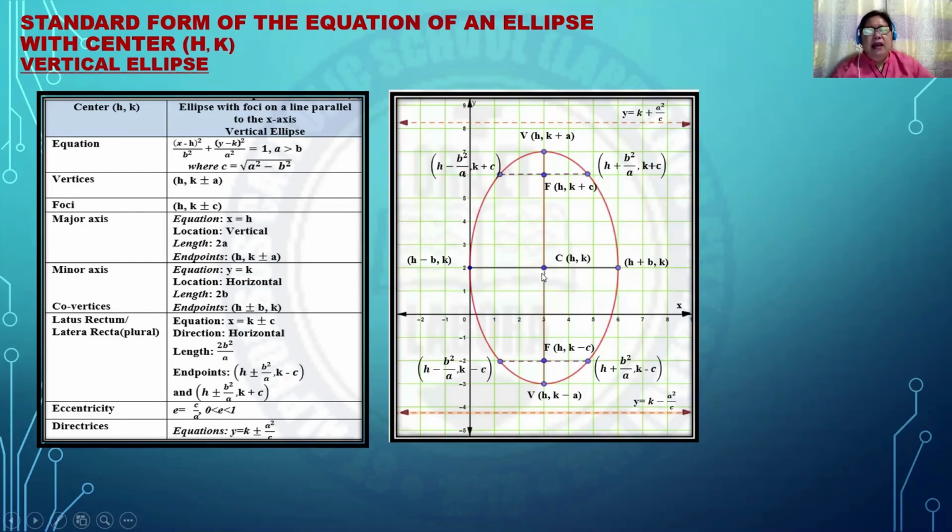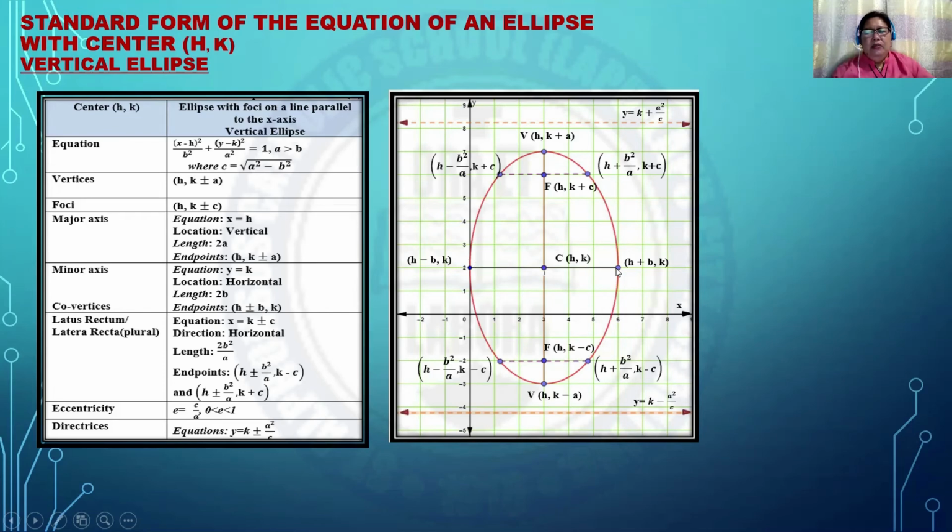So this is the graph of a vertical ellipse. The major axis now is parallel to the y-axis, and the minor axis is parallel to the x-axis. This is now the location of the vertex, focus, vertex, focus, vertex.